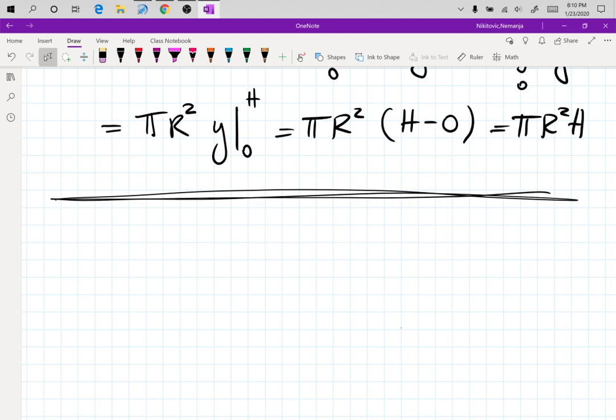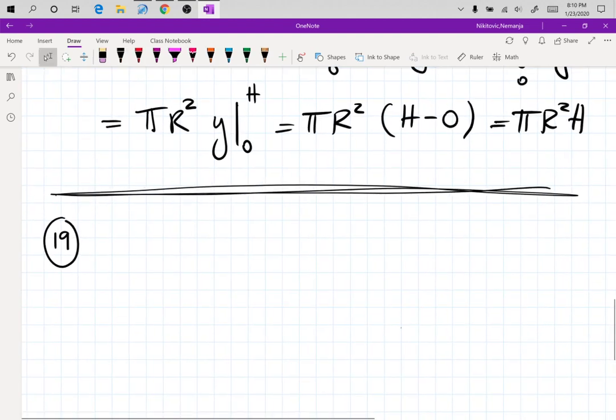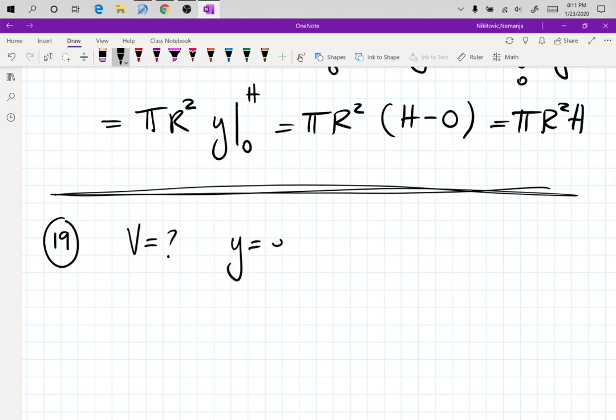I'm going to pick one of these quick vanilla problems we can solve, and then we're done. Here is problem 19 from the textbook that asks you to calculate the volume for the region bounded by y equals e to the negative x, y equals 0, x equals 0, and x equals ln 4.